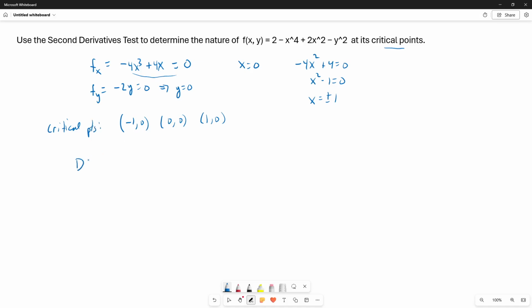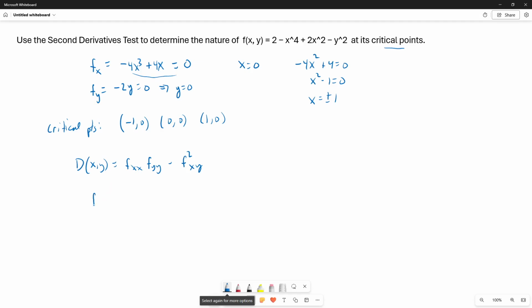And then we have to calculate the discriminant. D(x,y) is f sub xx times f sub yy minus the square of f sub xy. That should be a minus.